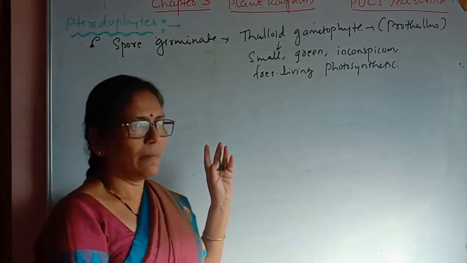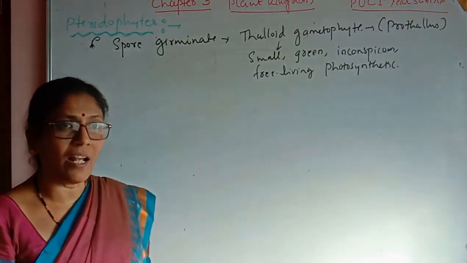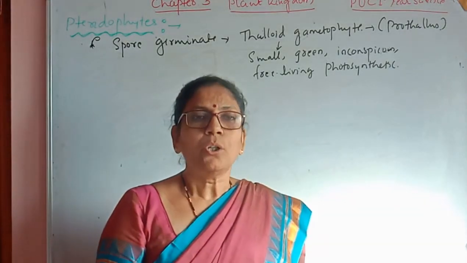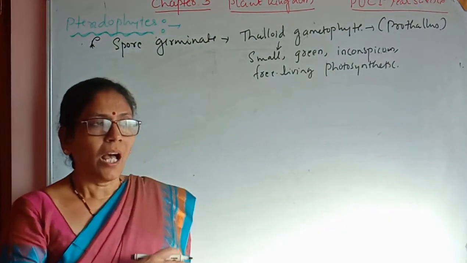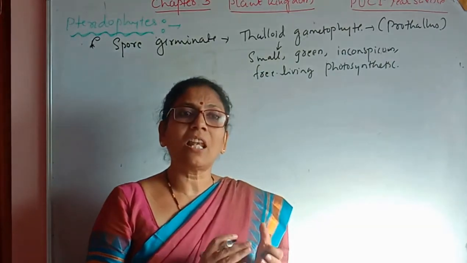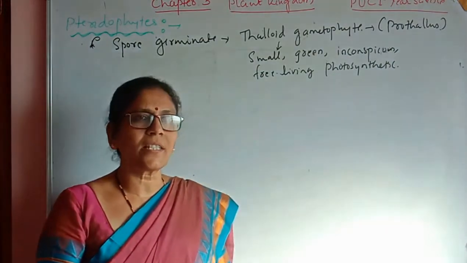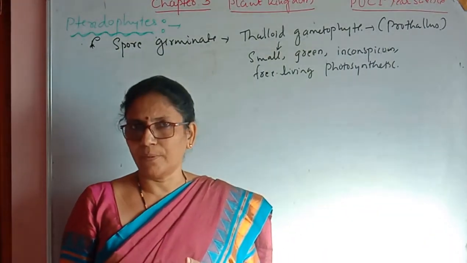In pteridophytes, we should notice that the sporophyte is well differentiated with true roots, leaves and stem. But the other phase, the gametophyte, is thalloid, where we do not see well differentiated root, stem and leaves.